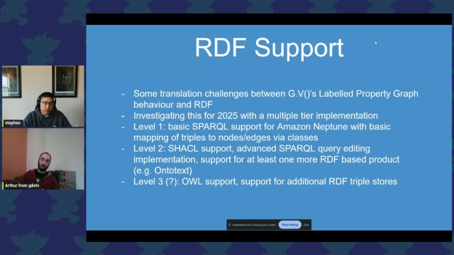So what we're looking at is a 3-stage implementation. The first stage is to simply support SPARQL on Amazon Neptune with a very basic way of mapping triples to nodes and edge structures, just relying on the innate classes that are defined through RDF. That's step one.